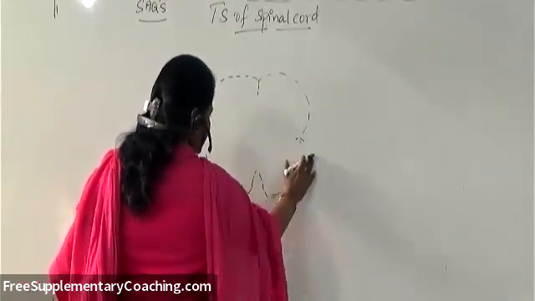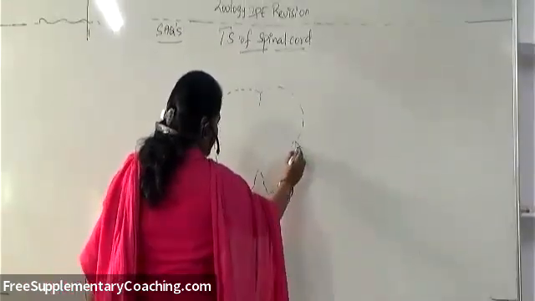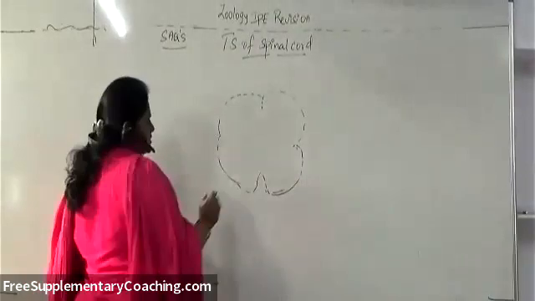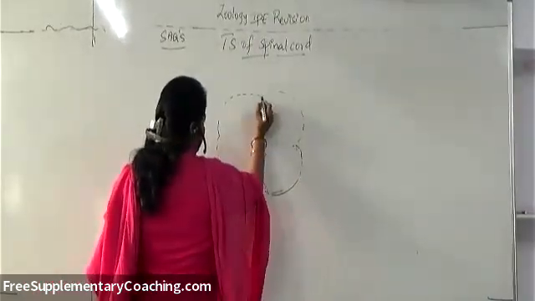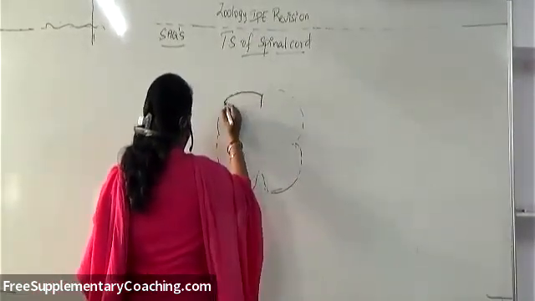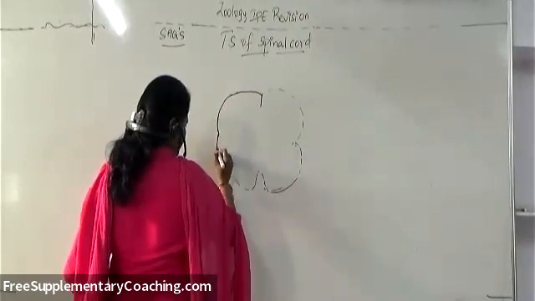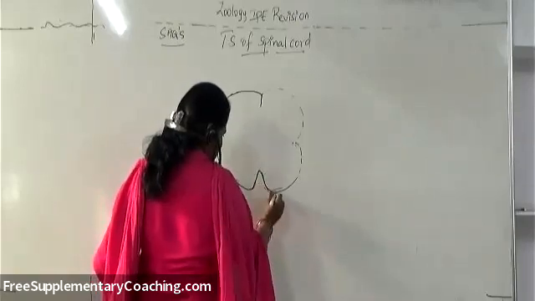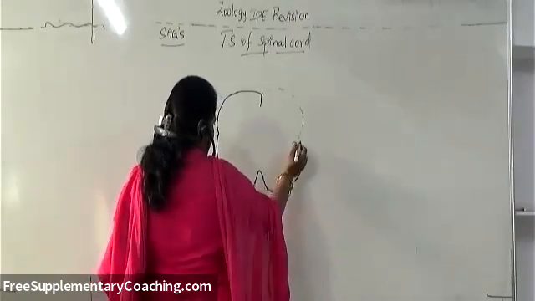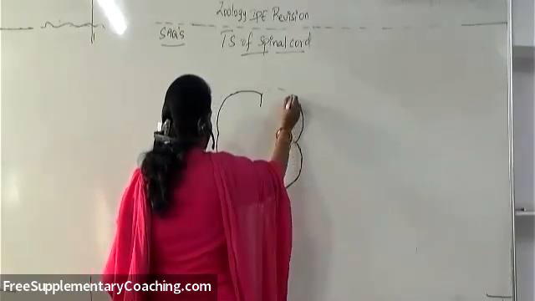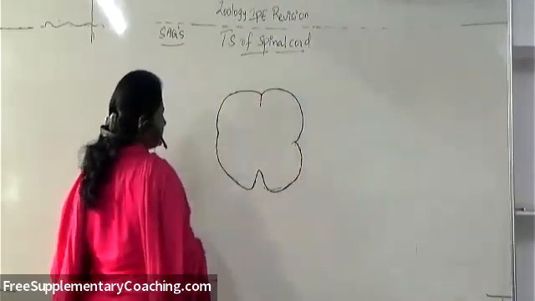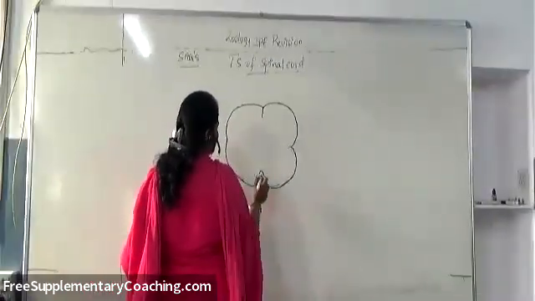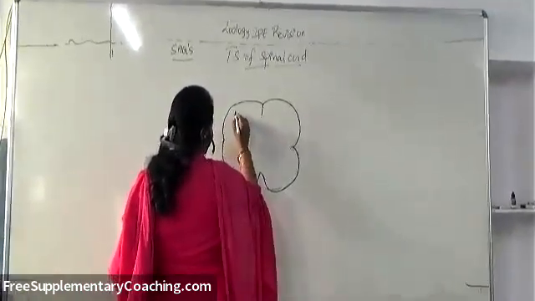Inside, the central canal will be present, and the central canal of the spinal cord will be butterfly shaped inside. You know that the spinal cord is a part of the central nervous system, which continues from the medulla oblongata through the foramen magnum.